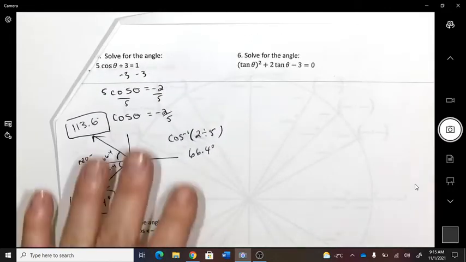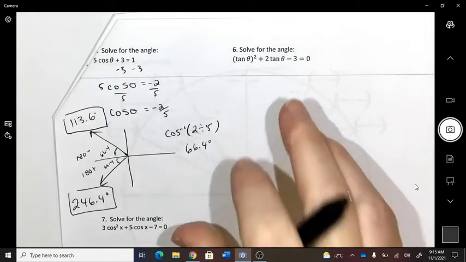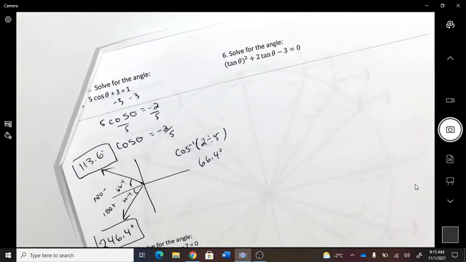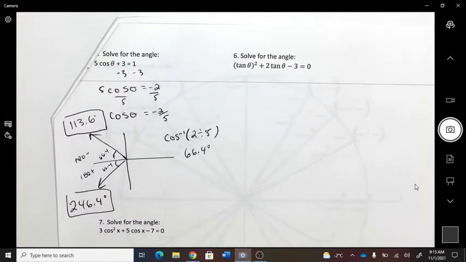Okay, number 6. So again here, I've got to think algebra, and then I'll go into my angle mode. So what's the algebra strategy here? Anybody have a method that they might recognize? What do you think?